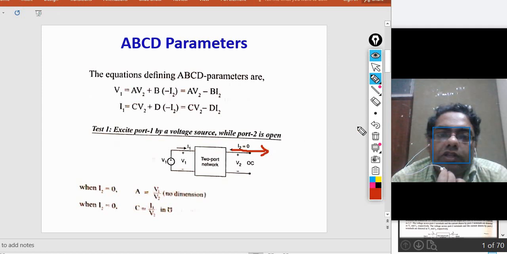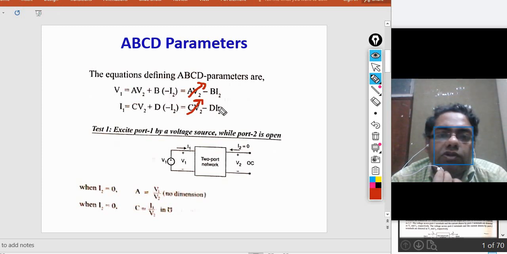So how do we find these ABCD parameters? If we give input voltage source V1 to port 1 and the output port is open circuited, then... I'm sorry, if the output port is open circuited, V2 is not 0, I2 is 0.